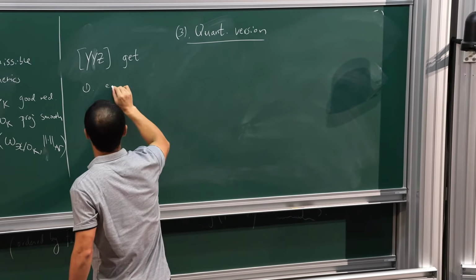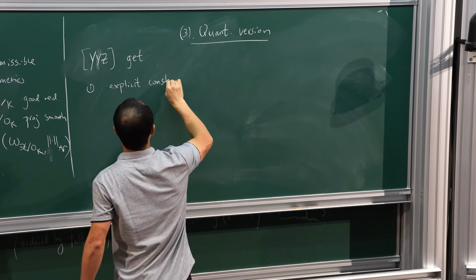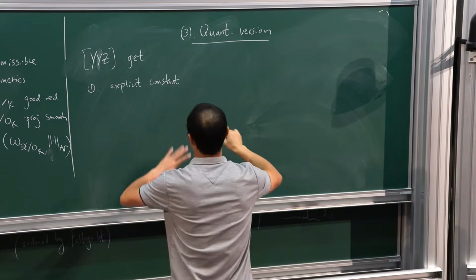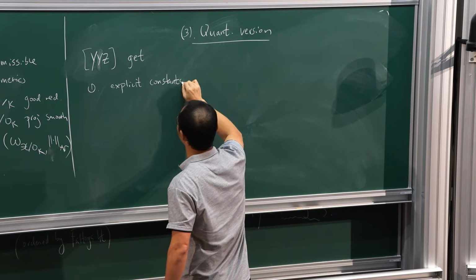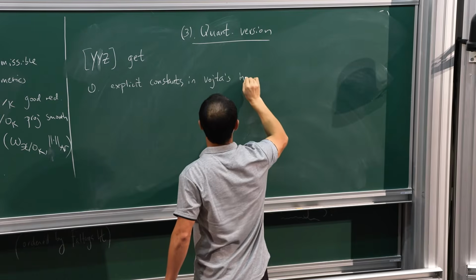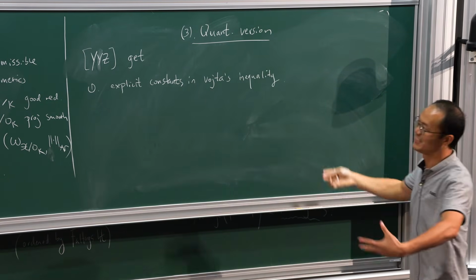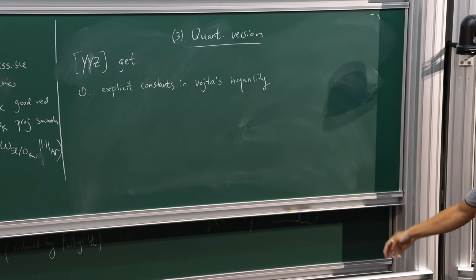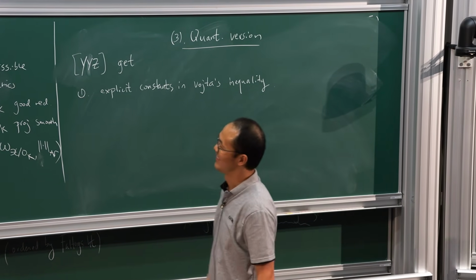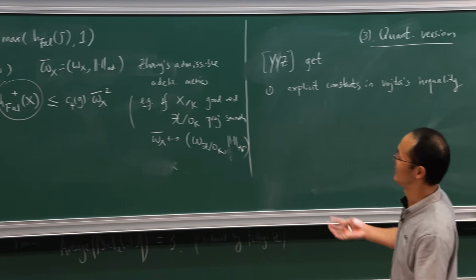So for this explicit constant, I don't have time to write down the formulas, but I'll just write it in English. In Vojta's inequality, you have this C1(g), C2(g), whatever, and those are explicit. In our expressions, all these functions in g are power functions.